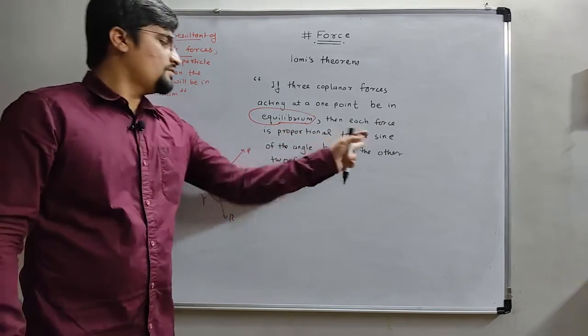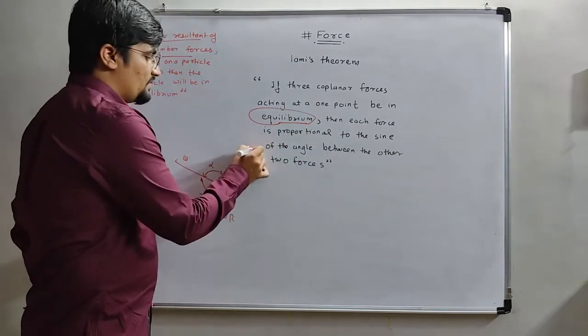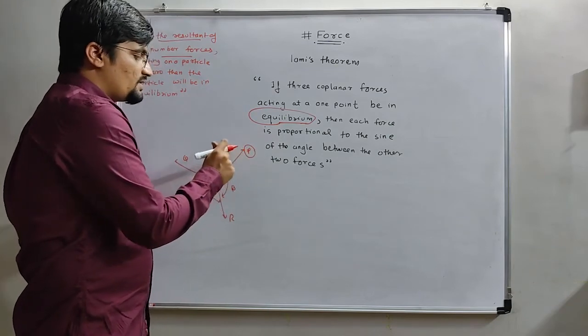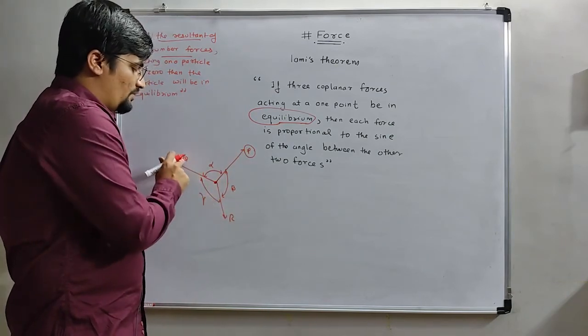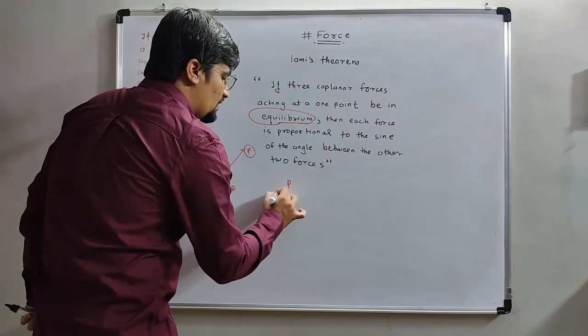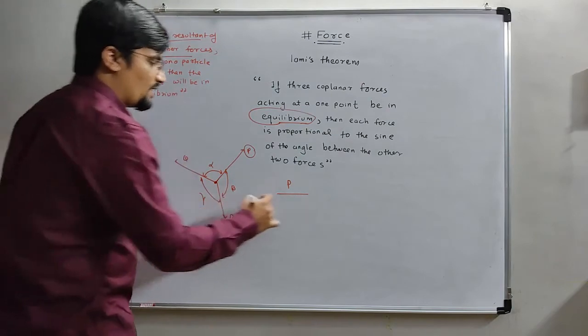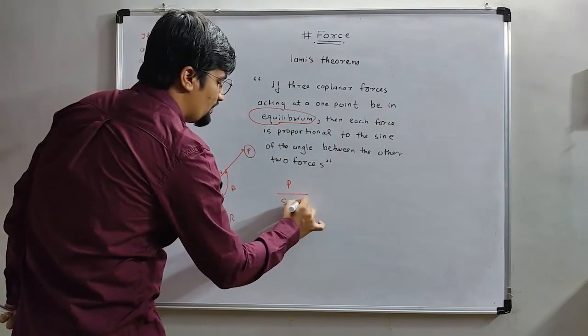Proportional to the sine of the angle between the other two means, if we need to find P, then it is proportional to the sine of the angle between the other two, between Q and R, that is sine gamma.